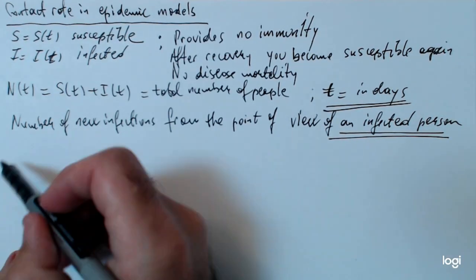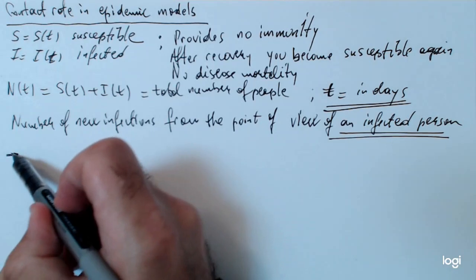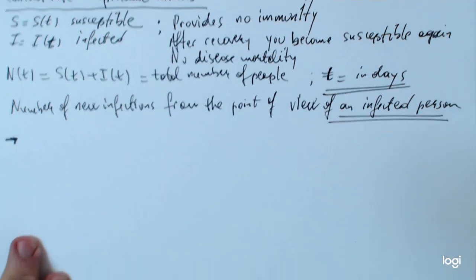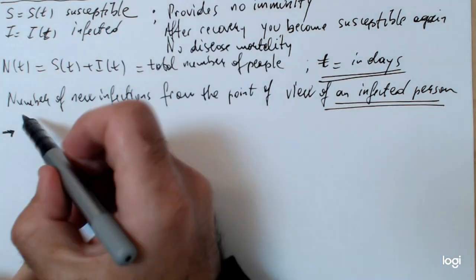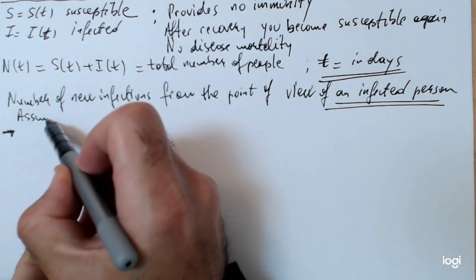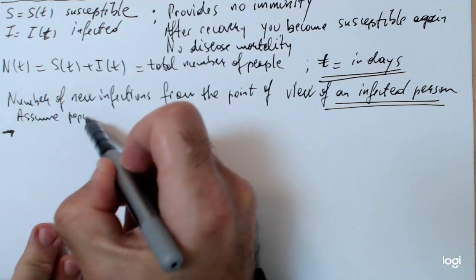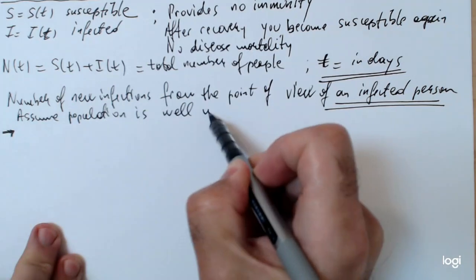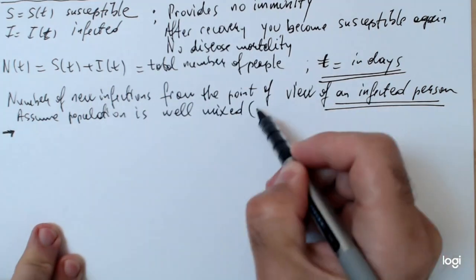Well, there are lots of assumptions that go into this, right? For example, one of the main assumptions for what I'm going to show here is that let's assume that the population is well mixed or homogeneous.